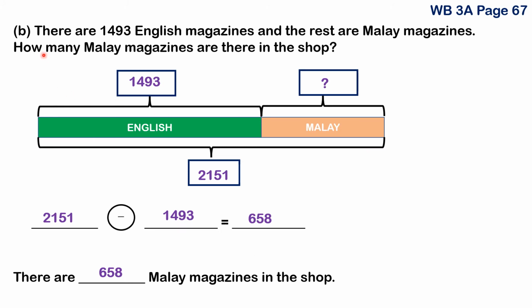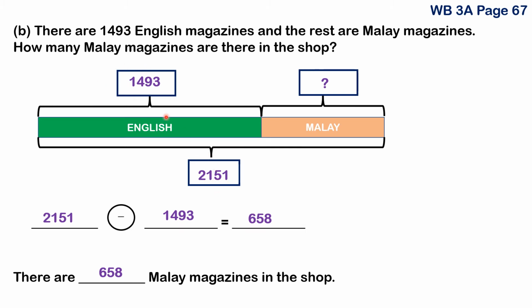For part B, there are 1,493 English magazines and the rest are Malay magazines. How many Malay magazines are there in the shop? So just now from part A, we found out that there are 2,151 magazines.